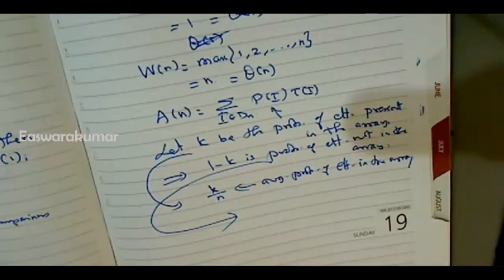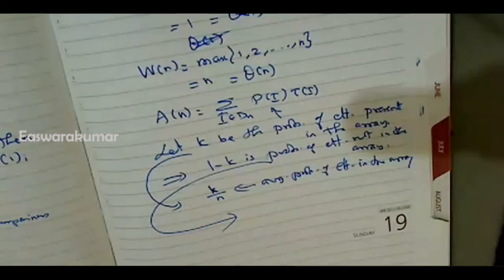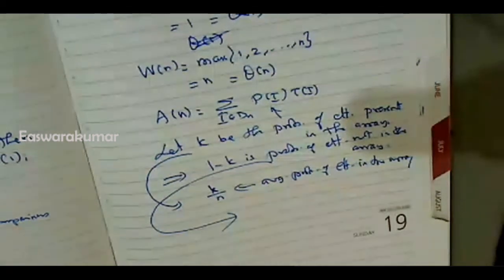For element present in the array, we know that it is K by n. So if the element is not in the array, 1 minus K by n? No, by n won't come. If the element is not in the array, there is only one instance. If the element is present in the array, there are n such possibilities, but if the element is not in the array, there is only one possibility.